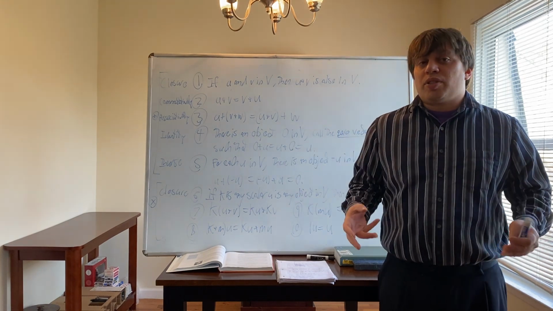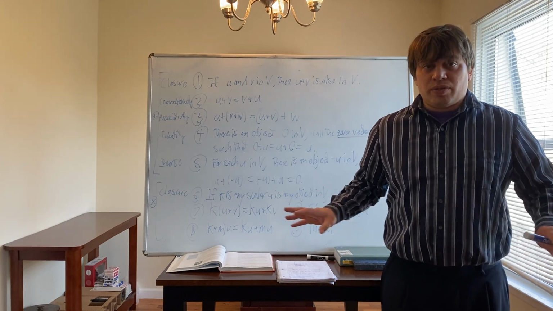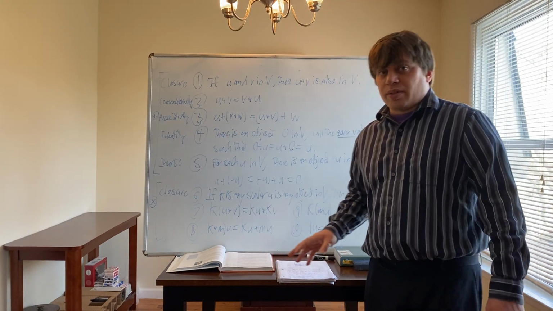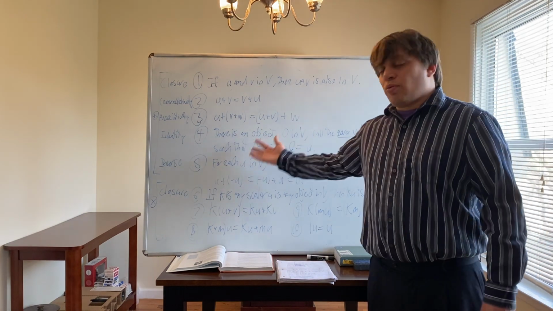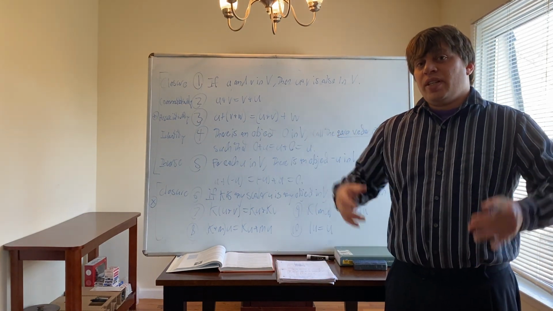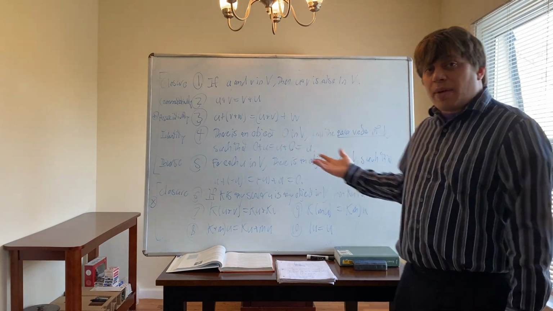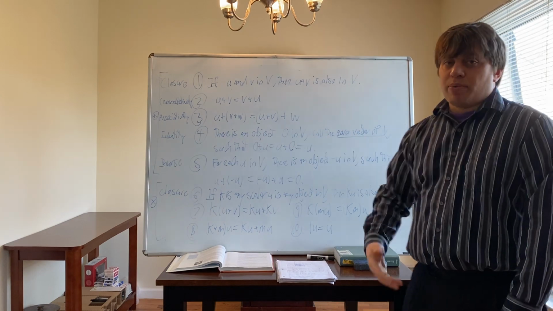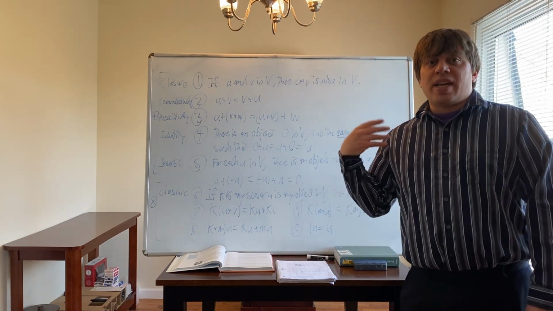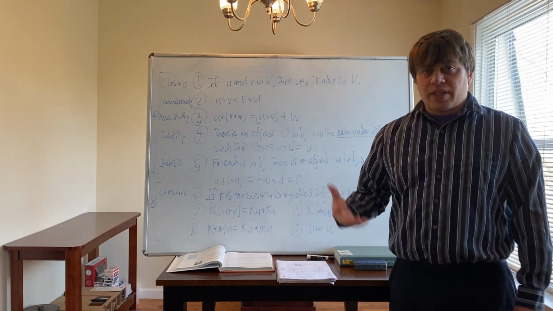You can have weird vector spaces where your 0 vector is not the normal looking 0. But if it behaves in this way, we call it the 0 vector. It's not the number 0. It's an object that has the property that when you add it to anything, you get that same thing again. Okay, that's what a 0 is here.